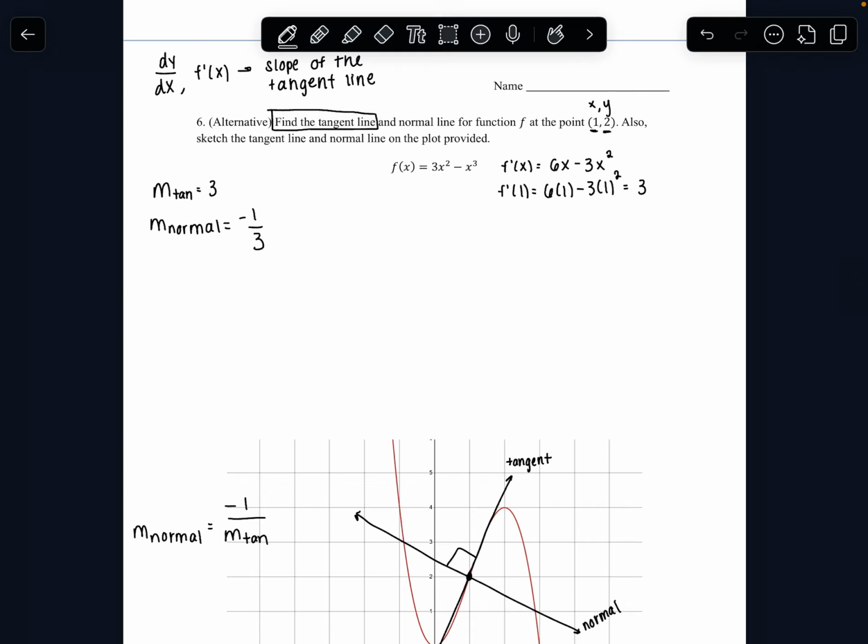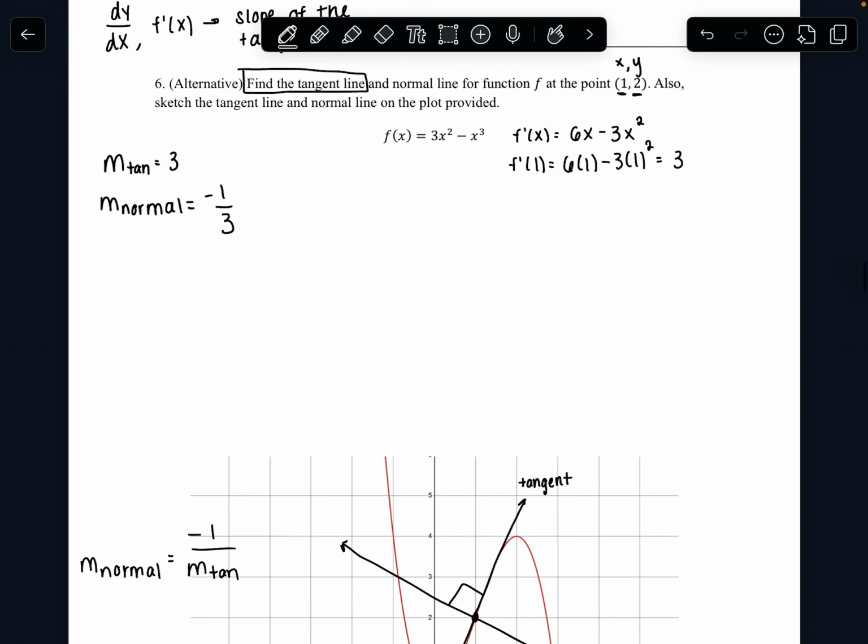All right, now let's write the equation for the lines. I found the slope, but now I need to do point-slope form. So let's do the tangent line. That's going to be y minus y1 equals m tangent times (x minus x1). So that's y minus 2 equals 3(x minus 1).